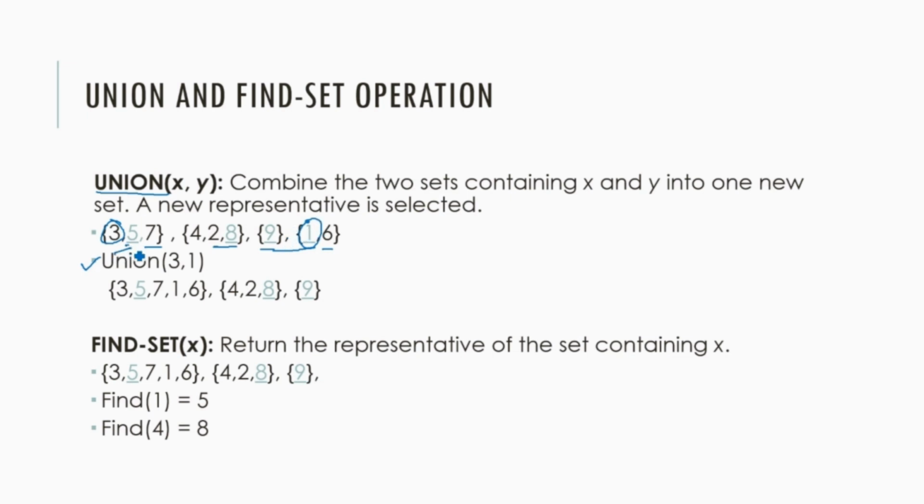So set 5 and set 1 will no more represent disjoint sets. These sets will be merged into one set named set 5. Similarly, if we say union 4, 9, then these two sets will be merged, and the representative will be either 8 or 9.